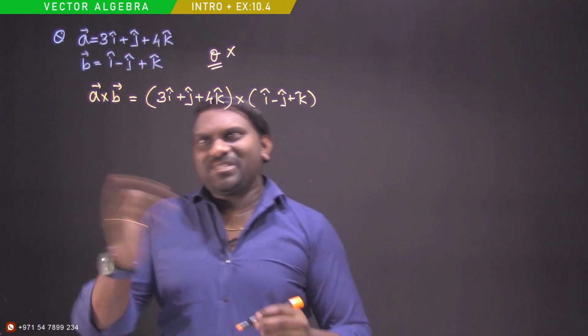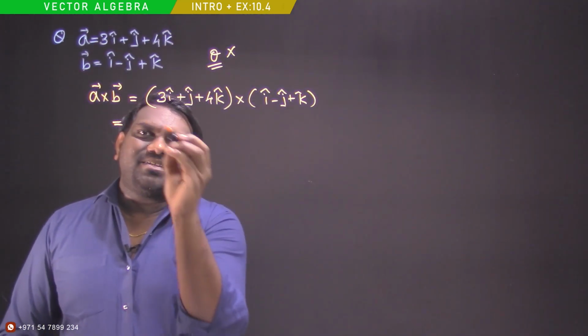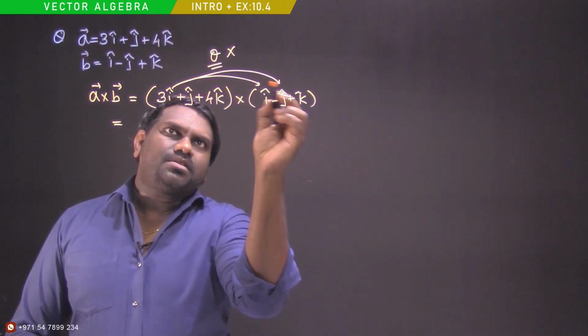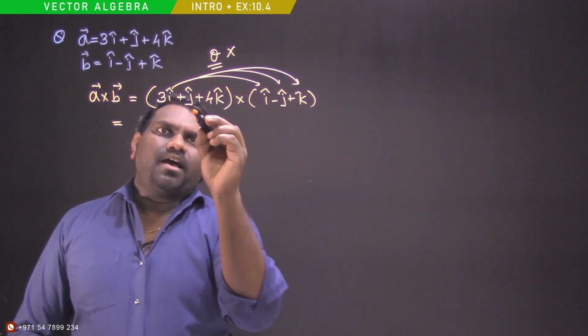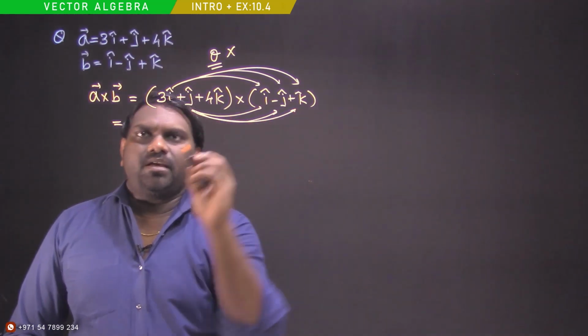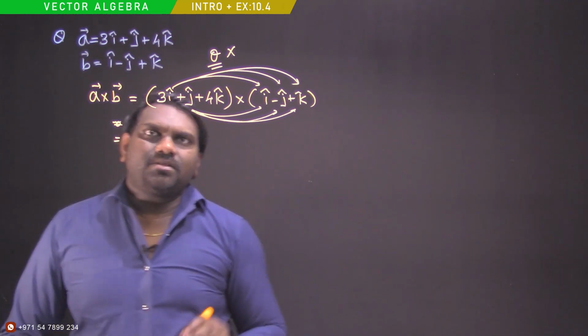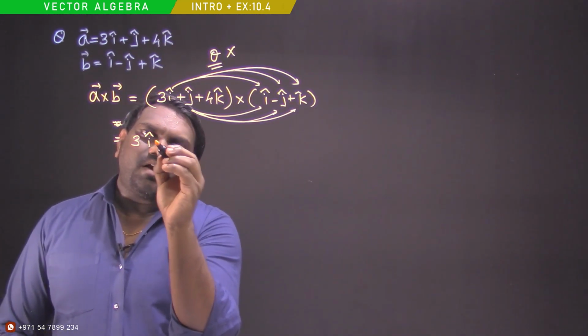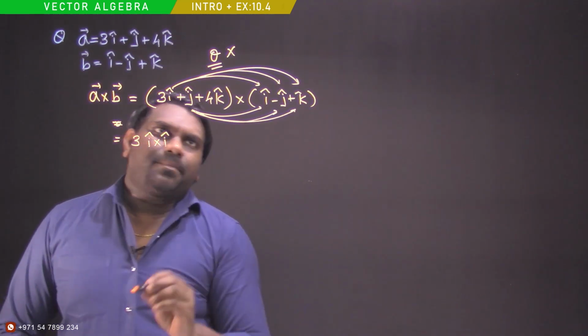Fine. Now just simply go ahead and multiply dear. This with this, then with this, then with this, and in the same order with j, the same way. So what can you write? i to i, that means 3 itself, and i cap cross i cap.